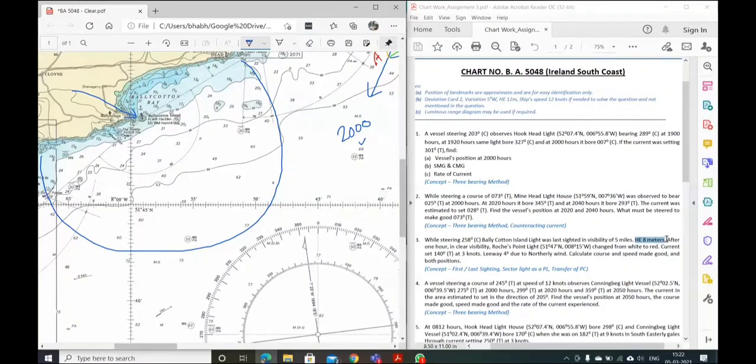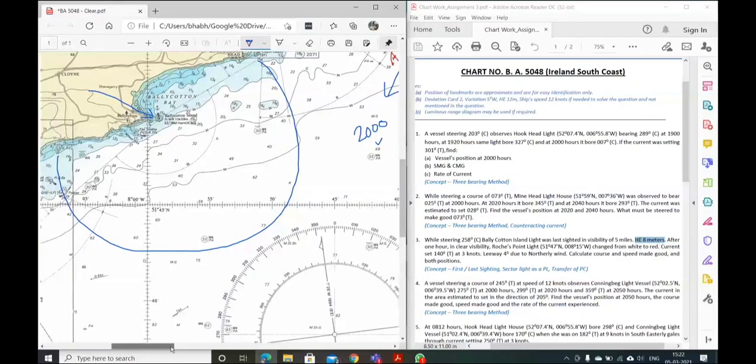Let's see ahead. After 1 hour, in clear visibility, Roche's point light changed from white to red. Let's see where this Roche's point light is.